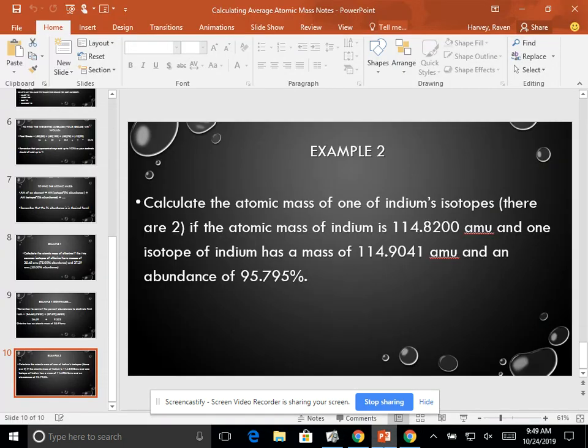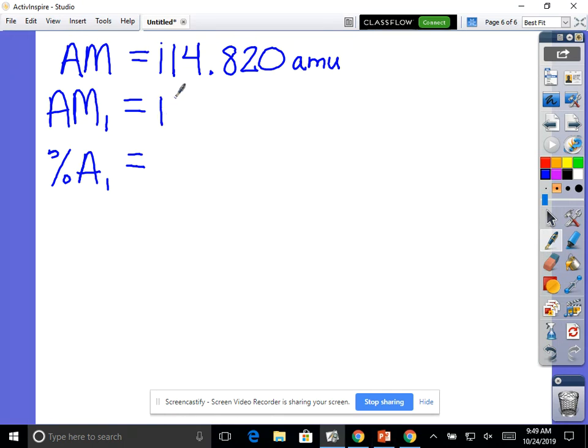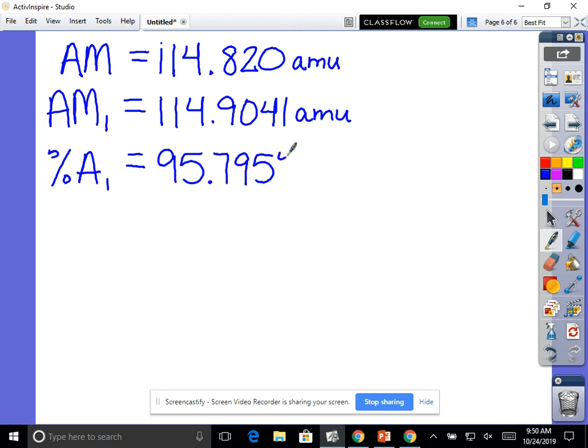That was 114.9041, and the percent abundance was 95.795%. And I'm going to be looking for the atomic mass of isotope 2.